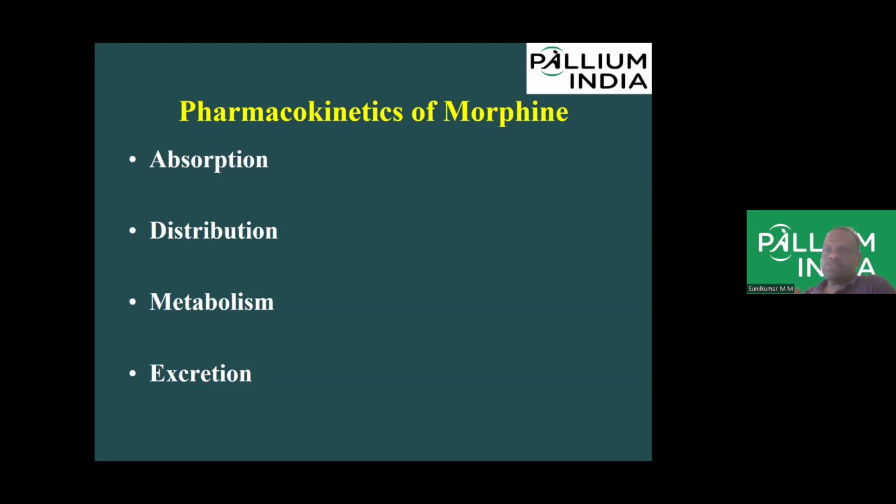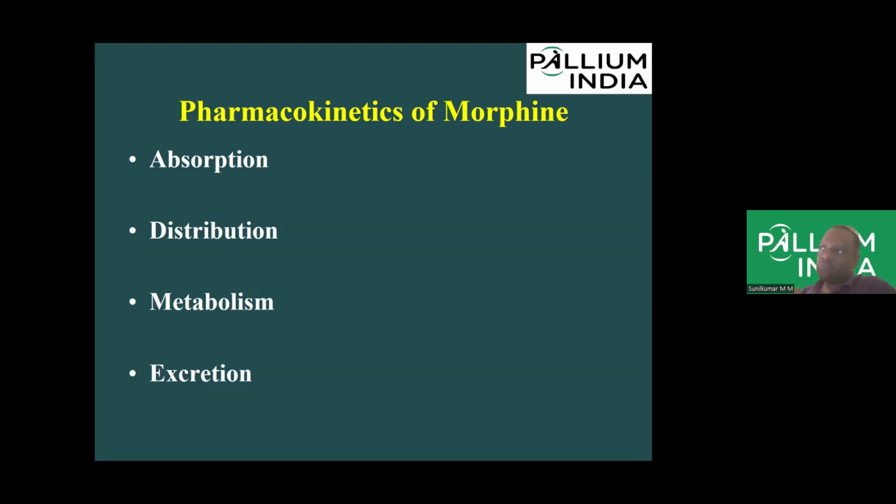Otherwise, the patient would complain about it. So it is bitter. And another thing is that it is water soluble. So if needed, it can be dissolved in water and administered.